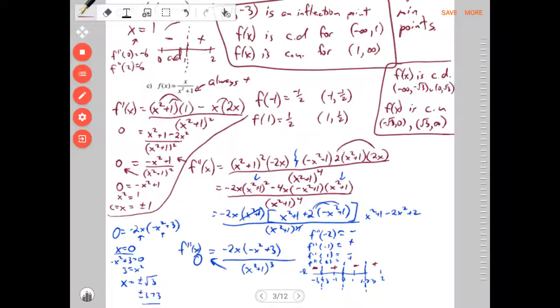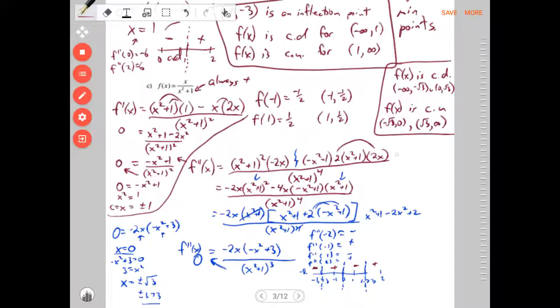Now, the inflection points, that's when it equaled 0. Have we done that yet? Yep, the second derivative equaled 0 at those points.